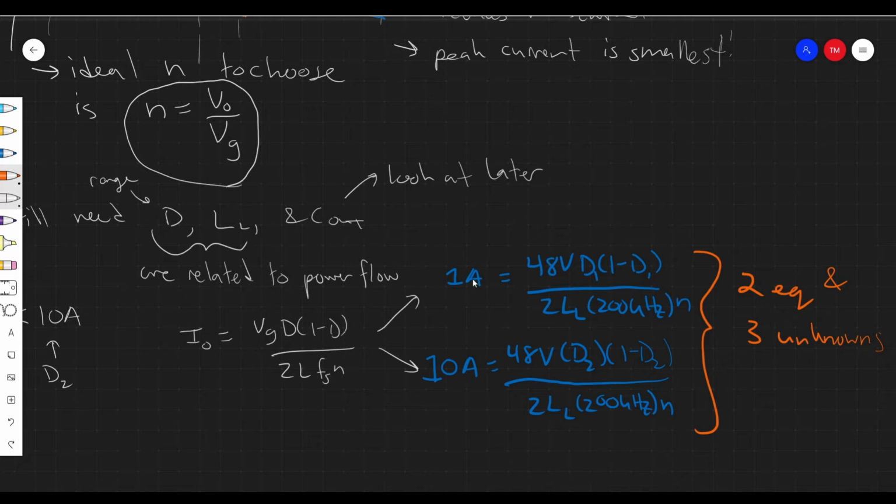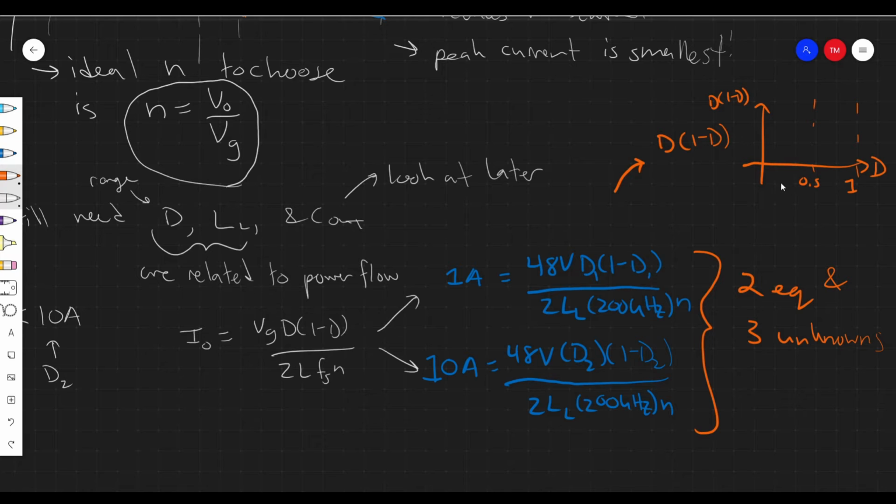So if you recall this equation, or if you consider this D times 1 minus D, if you think about the plot of this, I'll just say this is D(1 minus D) over D. This is a parabola, right?